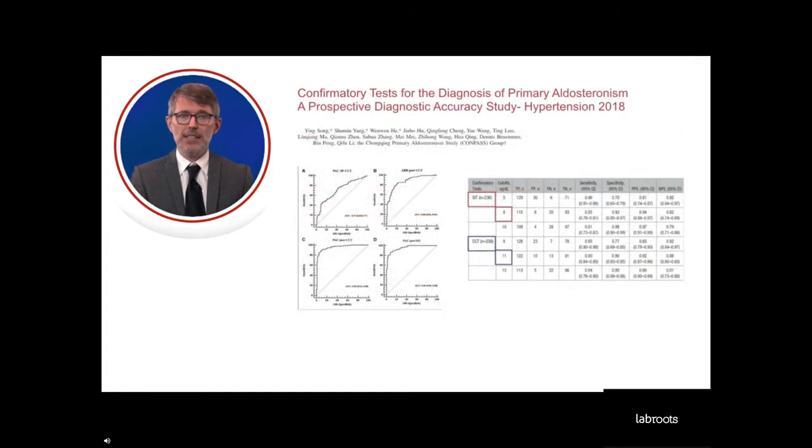In this Chinese study, it was shown that the best cutoff for the captopril test is 11 nanogram per dl of aldosterone instead of a percentage reduction of aldosterone level, and the ideal cutoff for the saline load test is 8 nanogram per dl.